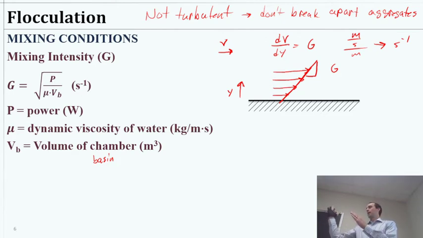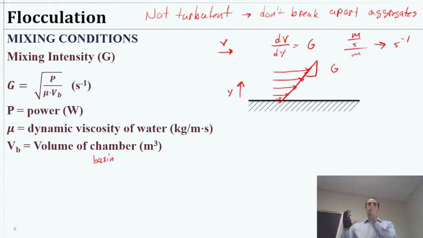You could think about a paddle going through the water, and there's going to be some speed of the water being pushed to the side, or perhaps the water is just flowing next to the reactor basin, and this surface here is the reactor basin wall, and the forces of drag are going to slow that water down as it approaches the wall itself. So you'll have small velocity terms here, and they're going to grow.